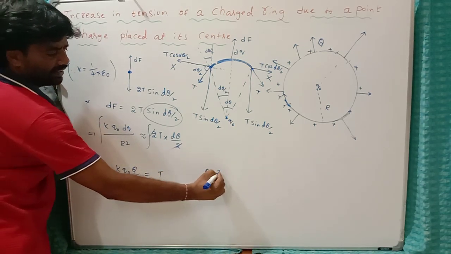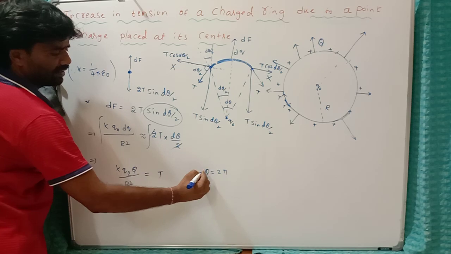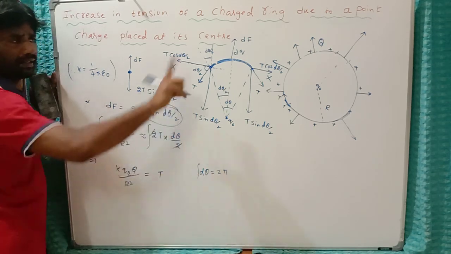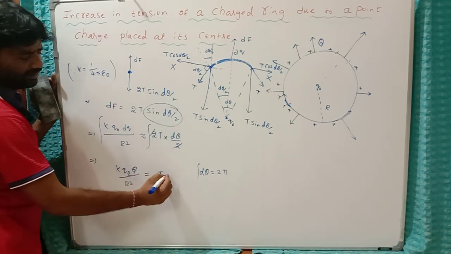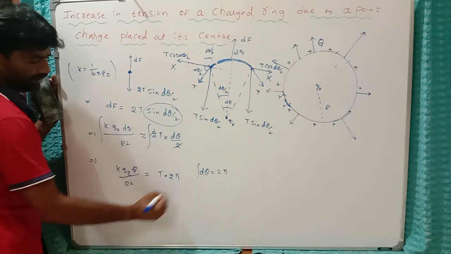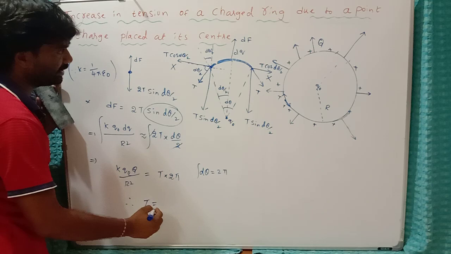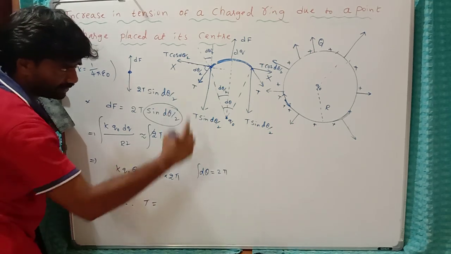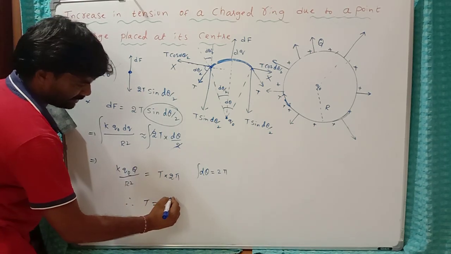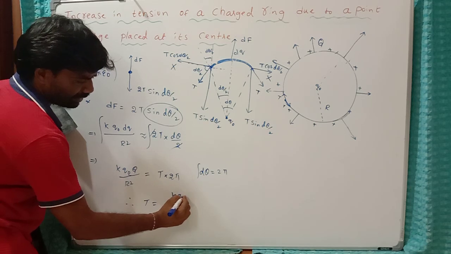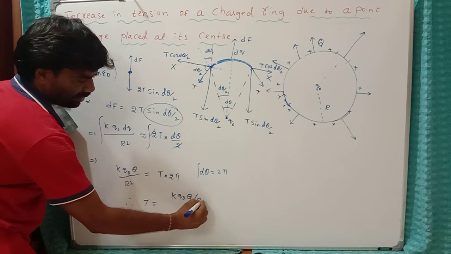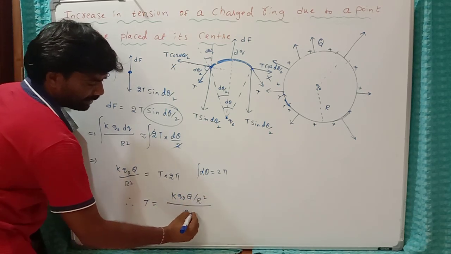So the additional tension, or increase of tension, in the ring due to the charge placed at the center is T equals k Q Q naught by r square divided by 2 pi.